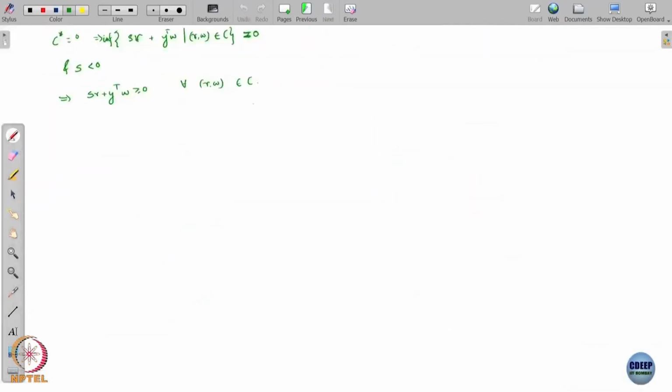I have S r plus y transpose w greater than equal to 0. I just substitute this, I get S times t z 0 minus C transpose x, plus y transpose times t b minus A x, greater than equal to 0 for all x greater than equal to 0 and t greater than equal to 0.